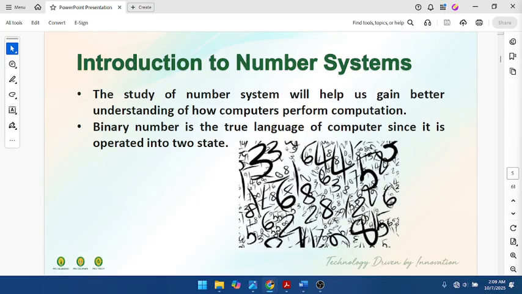Everything you see and do on the computer is first translated into a numerical format that it can process. This brings us to the second point: the language computers speak is not English or Filipino, it's binary, representing zeros and ones.